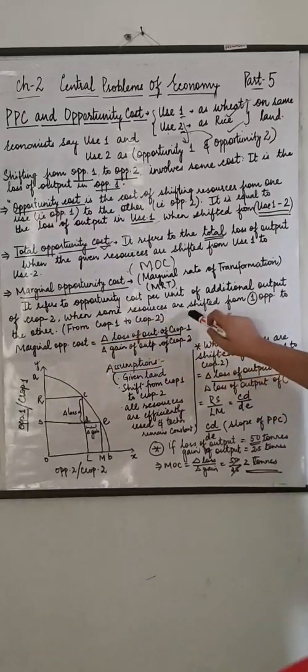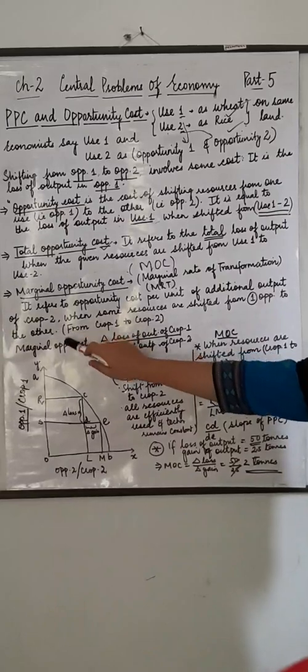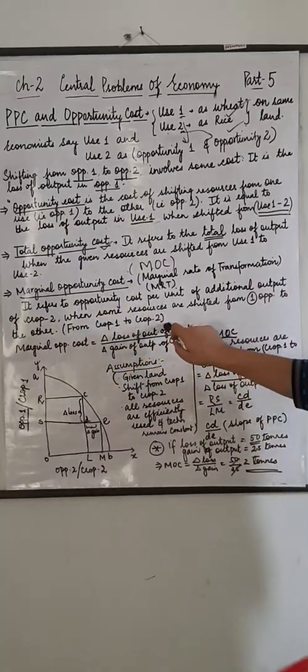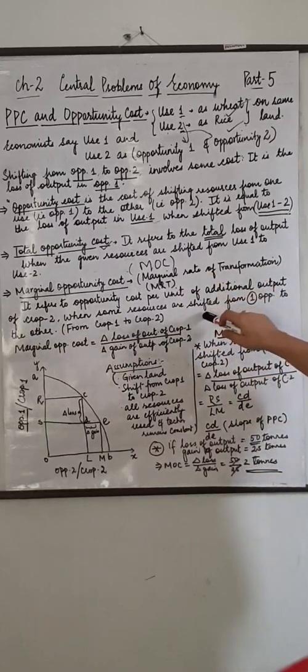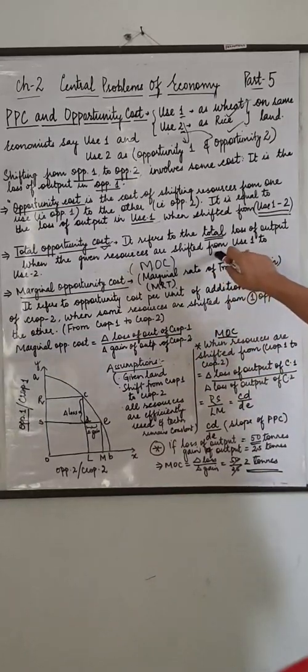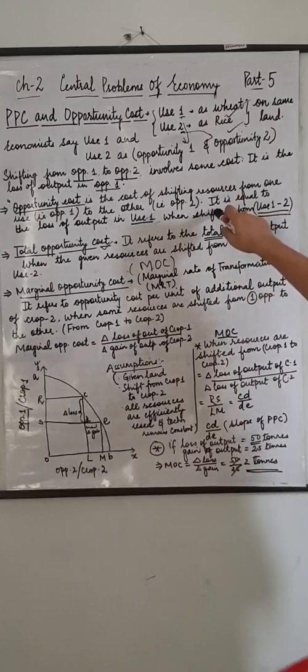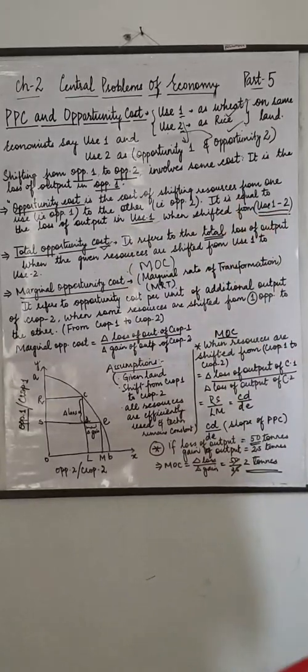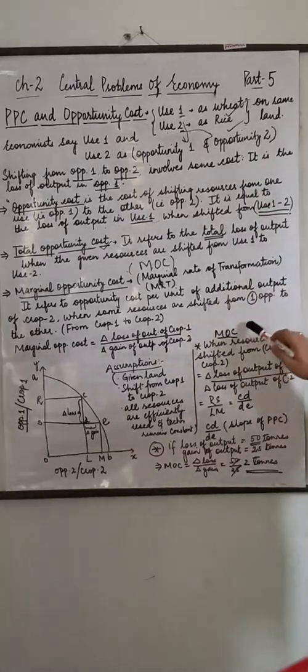This is when some resources are shifted from one opportunity to the other, that is from crop 1 to crop 2. On the whole, when we calculate it, it is total opportunity cost. Opportunity cost is the cost when we shift from one to another. Marginal is calculated per unit cost. Understood? The concept remains the same.